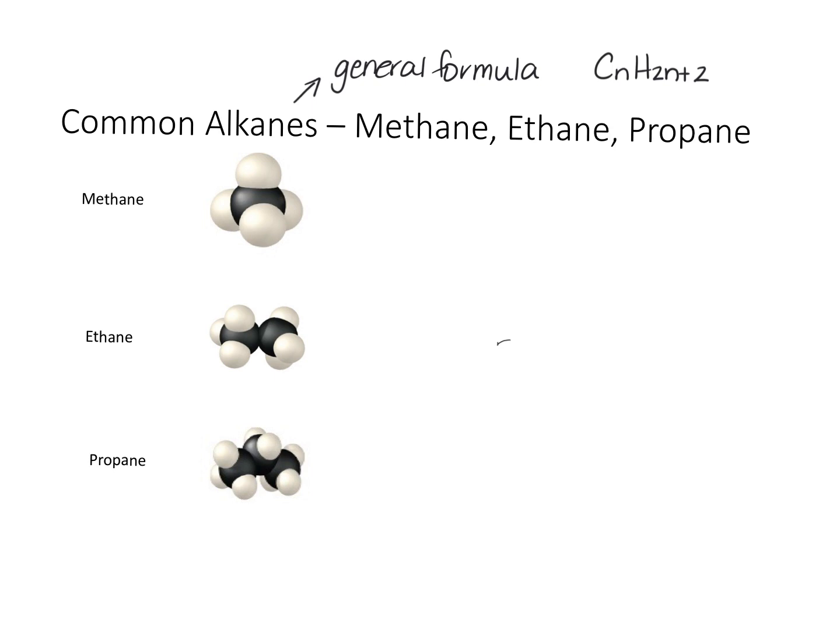So, for example, if we look at methane, methane has one carbon, and so to predict the number of hydrogens, we take 2 times 1 plus 2, and that gives us CH4, okay? The carbon atom there is at the center, and so we can see a space-filling molecule here, but it would look like this if we looked at that expanded structure.